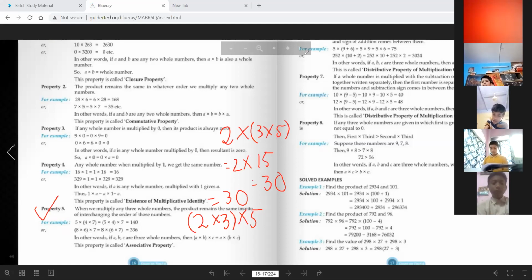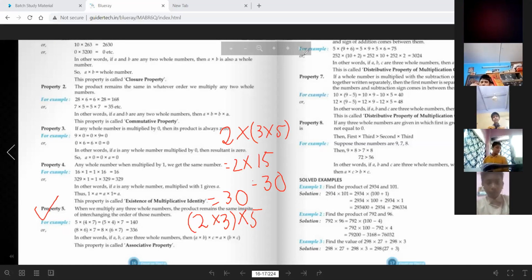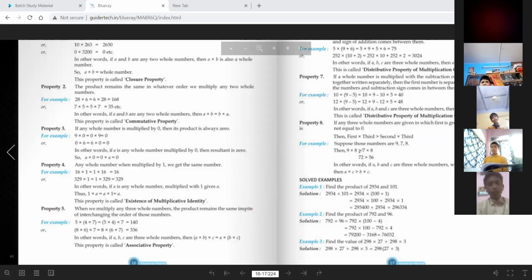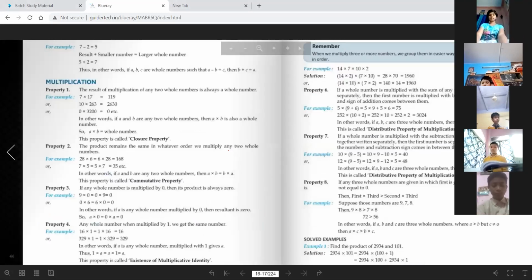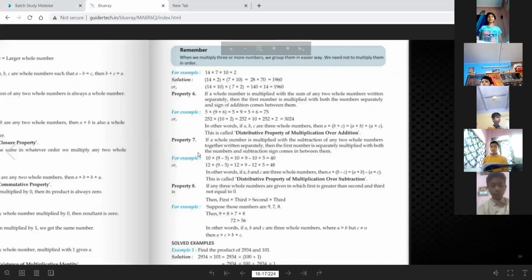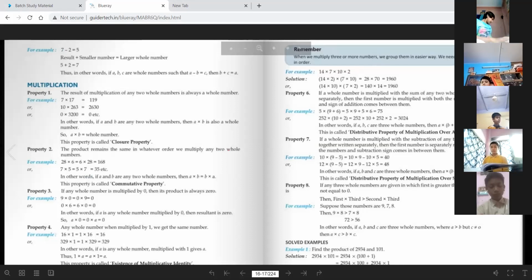Now here it is given as distributive. Go to property 6 example, over the next page. Here you can see the example is written. From the example you may not be able to understand, I guess, but we have all done this kind of thing many times.